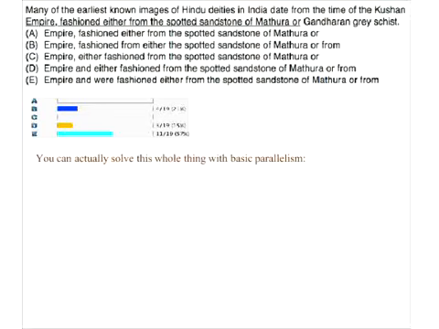The second clause has "either blank or blank." So if we call this x and we call this y, then x and y have to match. You can actually use that to solve the whole big thing. So let's take a look.